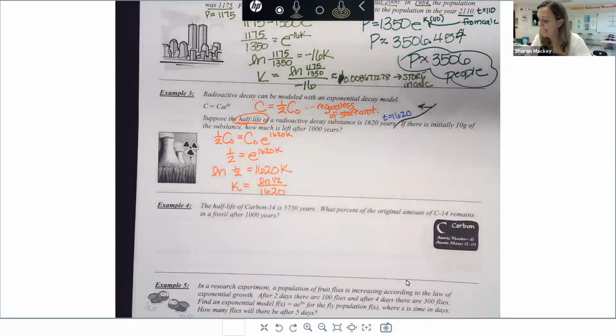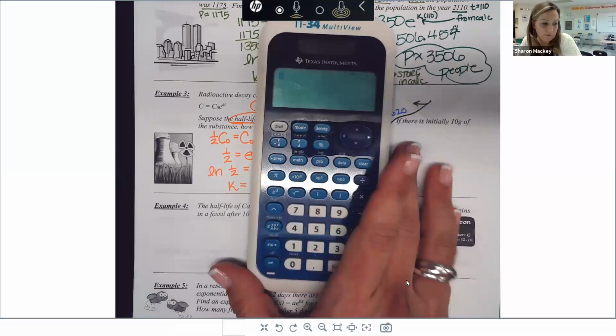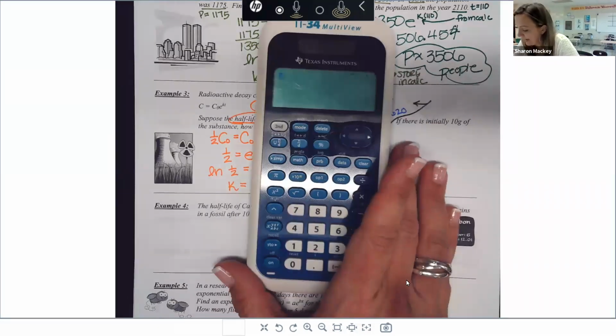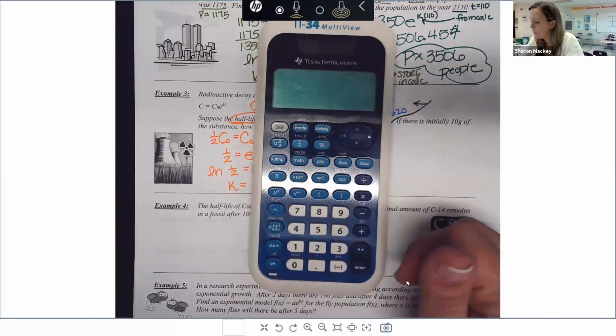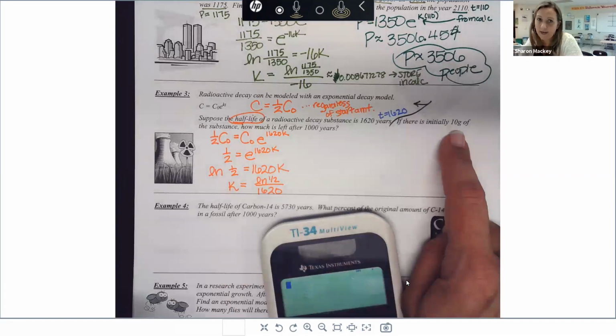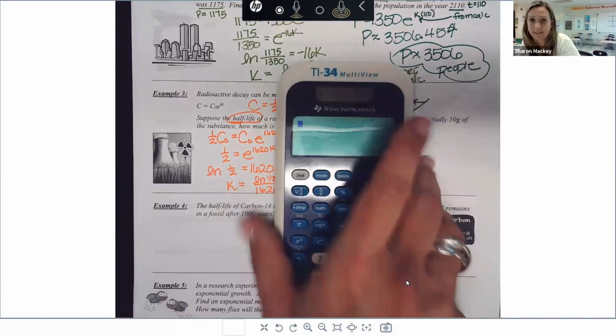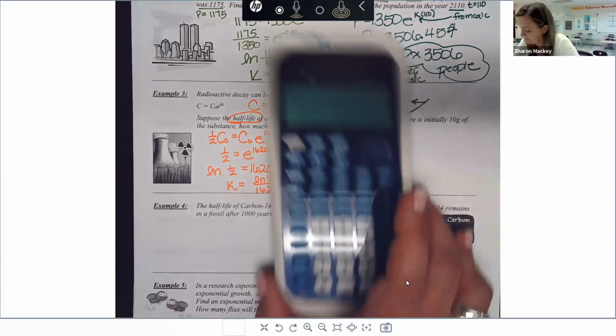We can again put that in our calculator and we can store that as our value, okay? So again, we don't use this initial amount at first. We don't have to, all right? We can just use this piece to help us find what K is. I mean, I guess you could use it, but okay.